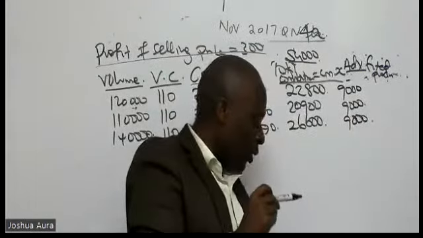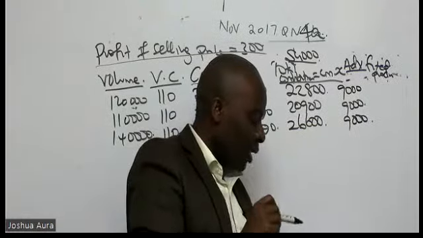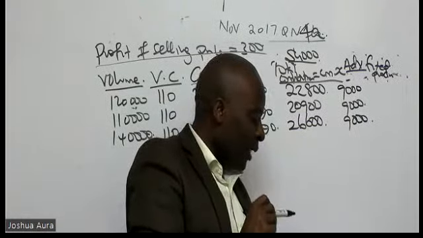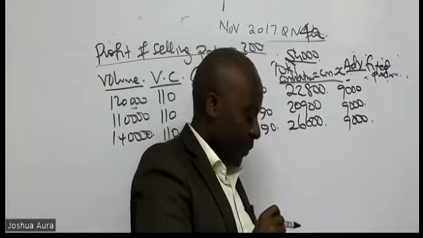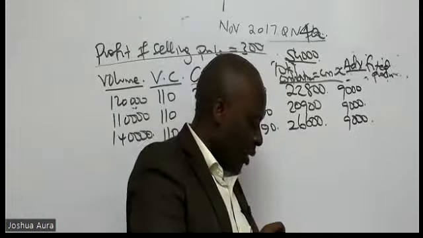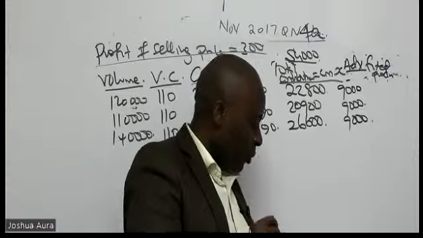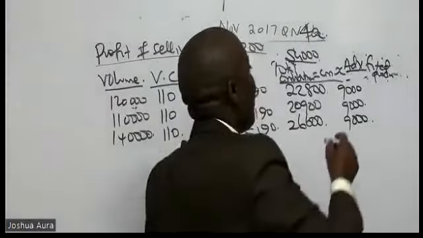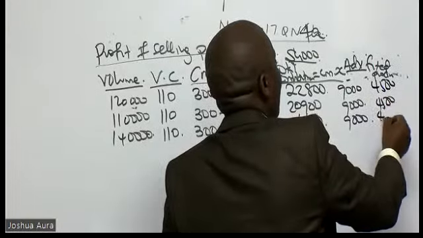In note number 2, advertising cost would be 9 million, but I'm chopping the three zeros to be consistent, at a selling price of 300. Then the fixed production, in note number 3, is 4,500 per annum.